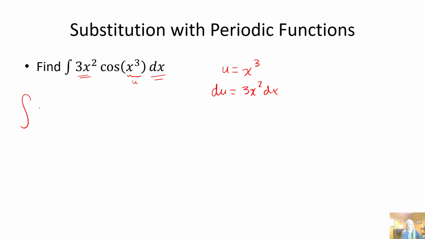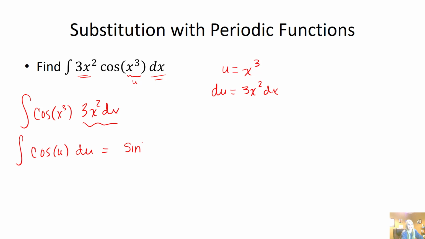So as I said before, why not just change the order so you can see this directly, that this becomes cosine of u and this becomes du. So it worked out perfectly. The antiderivative of cosine is sine, and then I can simply plug back in my value of u.